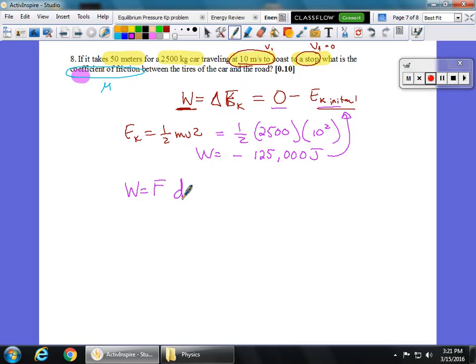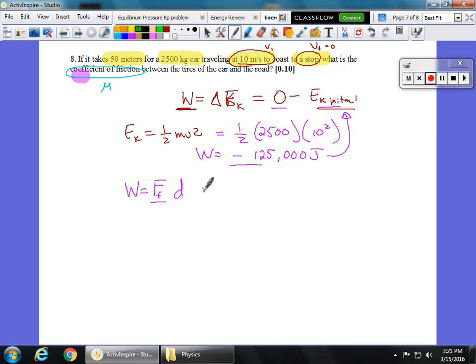And in this case, what's doing the work is friction. And it should make sense to you that this work is going to be negative, because friction is always a negative force. It's acting in the opposite direction. So we can either keep that negative there, or we can get rid of it. It's just really telling us the sign or direction.